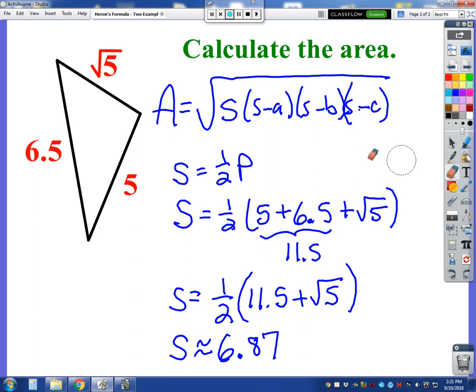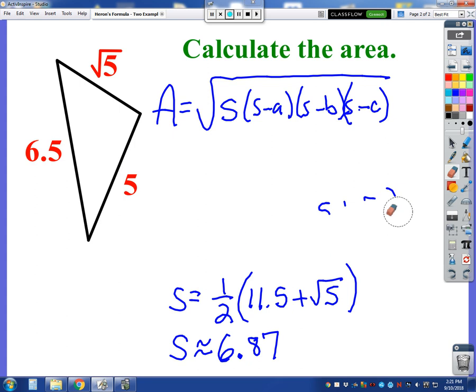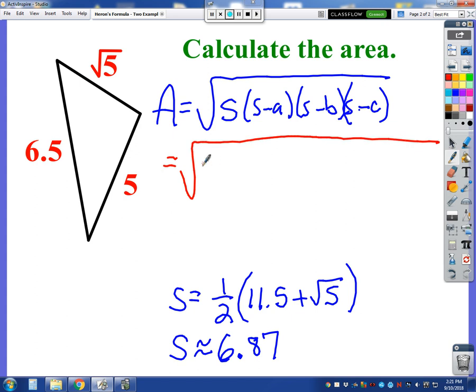So now, if I go use that, let me at least get rid of these first 2 lines here. If I were to go plug this into Heron's formula, then I'd have square root of 6.87 times 6.87 minus one of my sides. And again, it doesn't matter which one. Square root of 5 is technically the smallest side. Times the quantity 6.87 minus another side.